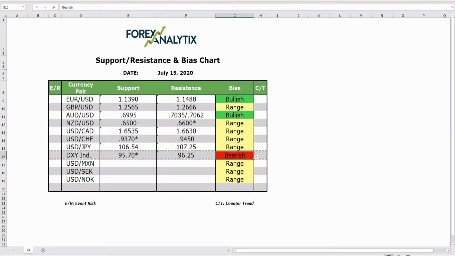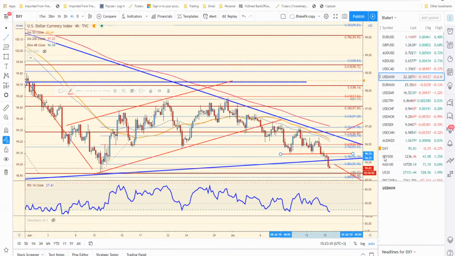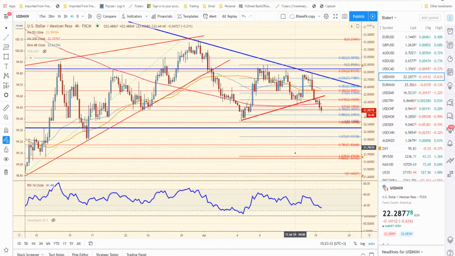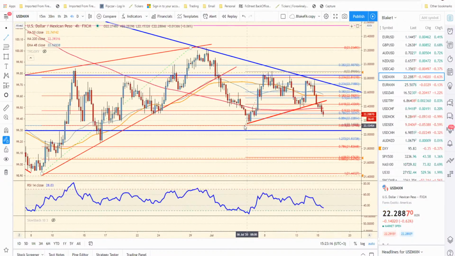Okay. Let's take a look at the dollar MEX, the dollar Mexican peso. Now this is like the dollar Canadian. It's another pair that's holding up really well.